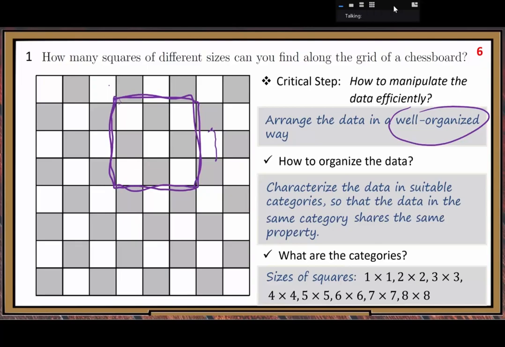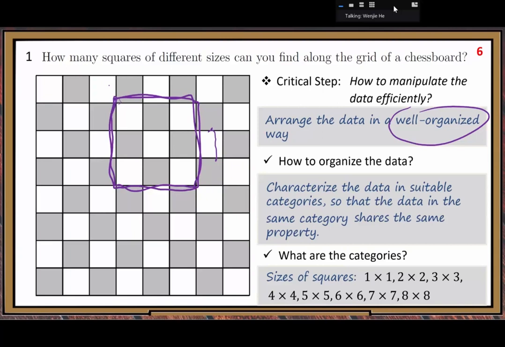Like the bottom left square could never be in the right columns. So here we want to consider the general property, because the location of the square could appear anywhere.